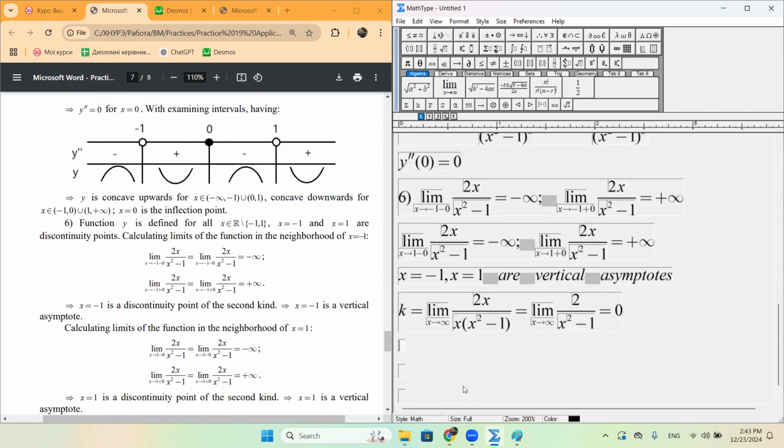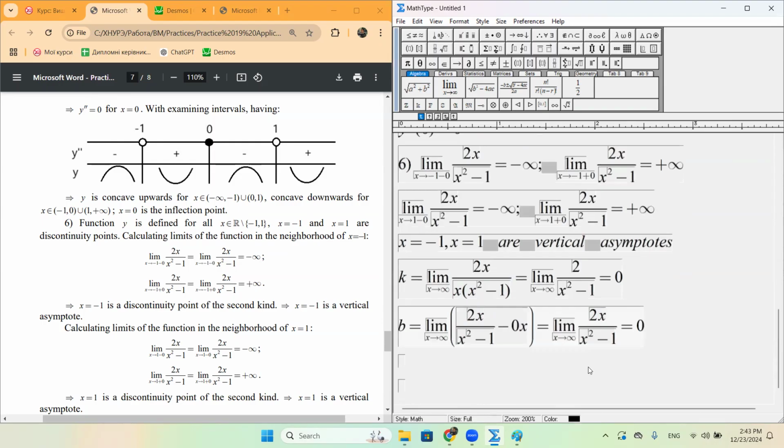And now let's calculate b. Just not to miss details, f(x) minus 0x. Let me write it like this. So we can see that b equals 0 as well.